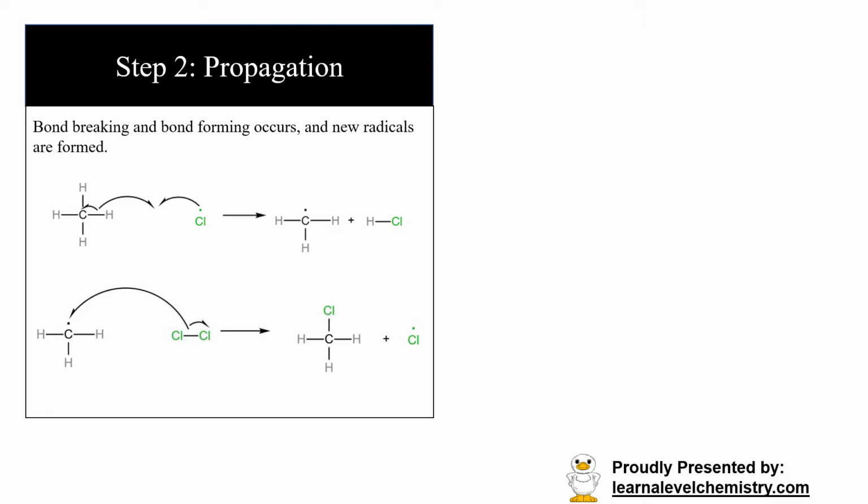In step 1, the initiation step, we only form halogen free radicals. So to explain why hydrogen free radicals are not formed, we should be looking at step 2, which is the propagation step. Now let's take a look at the propagation step.